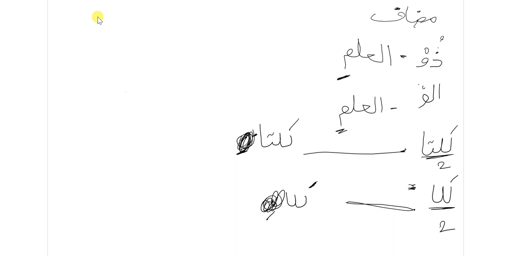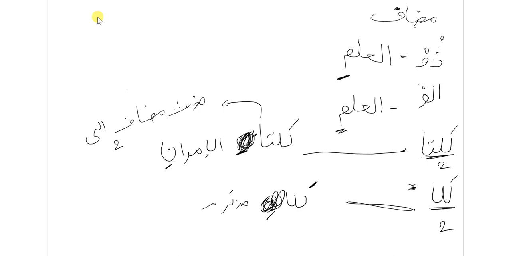So kilta needs a muannas muzaf ilay with tasniya. So we can say kiltal imra'atani, two women. And kila needs a muzakkar muzaf ilay and again tasniya: kila rajulaini, two men.